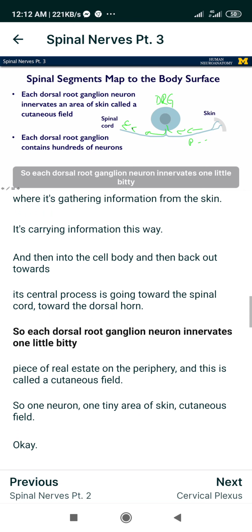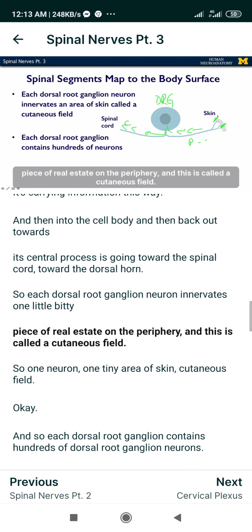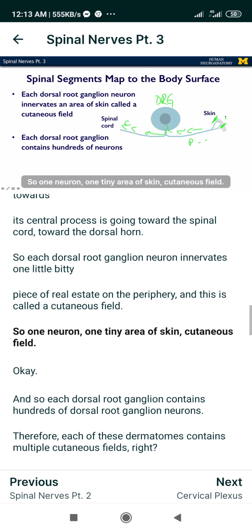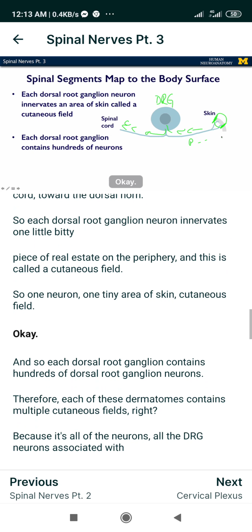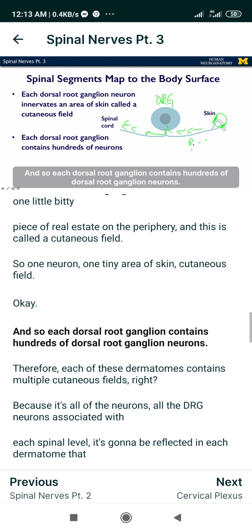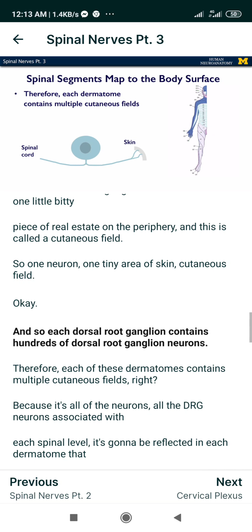Each dorsal root ganglion neuron innervates one little bitty piece of real estate on the periphery, and this is called a cutaneous field. So one neuron, one tiny area of skin, cutaneous field. Okay? And each dorsal root ganglion contains hundreds of dorsal root ganglion neurons.